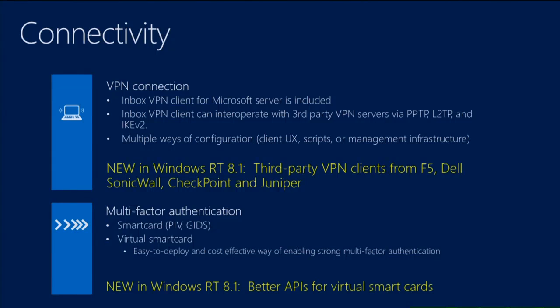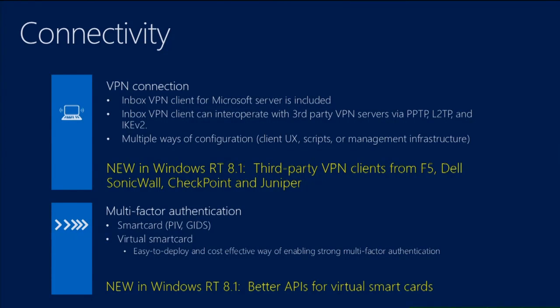Well, it just so happens that the Microsoft VPN server, which is built into Windows Server 2008, 2008 R2, 2012, implements industry standard protocols, IPsec, PPTP, L2TP. So as a result, the client that we had could talk to any backend that implemented those same standard protocols. So if you happen to be running a backend VPN server that supported PPTP, L2TP, or IPsec, you were set.